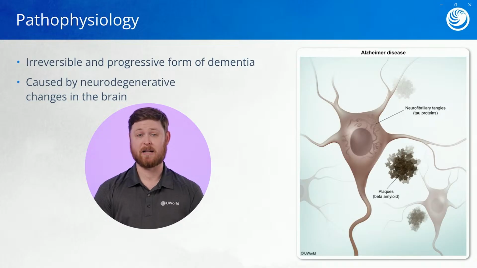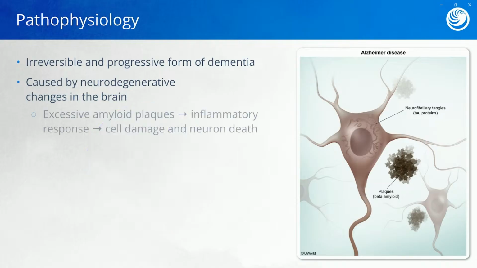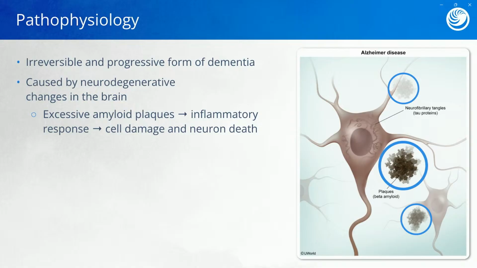Essentially, the body recognizes this abnormal deposit and will send white blood cells and macrophages to digest that protein and eliminate it from the tissue. However, when these proteins clump together, they form plaques. Most of the time, these plaques remain deposited within the tissue, and the inflammatory response that is generated to try and remove these plaques results in cell damage and neuronal death.